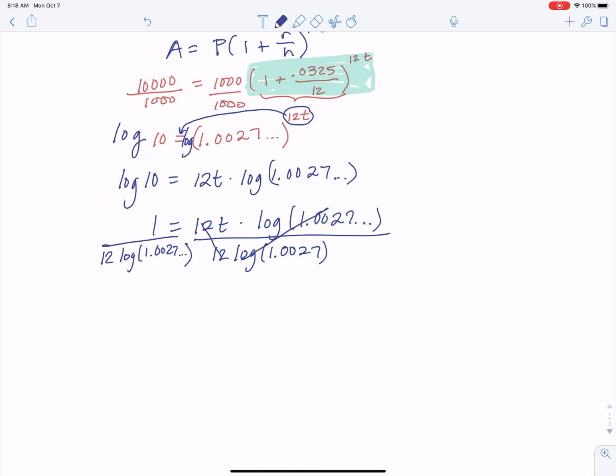All right, type the left-hand side into your calculator. Please remember to put parentheses around this entire denominator, all of this, please. Otherwise, you're not going to get the right answer.